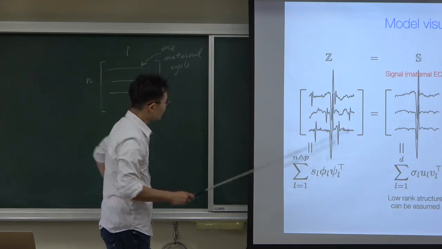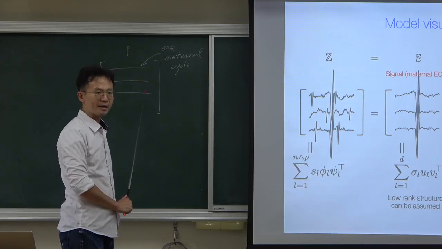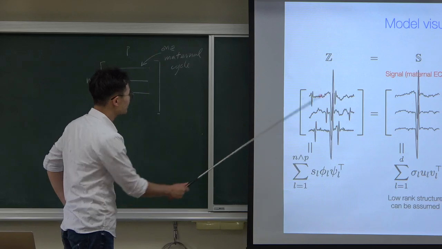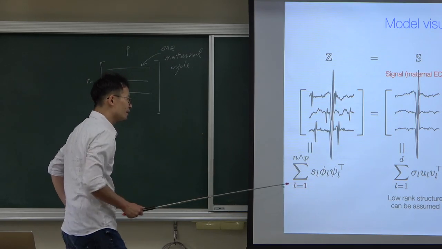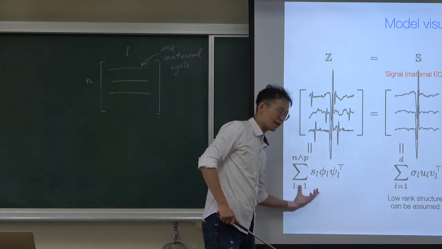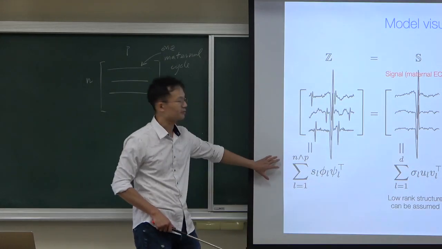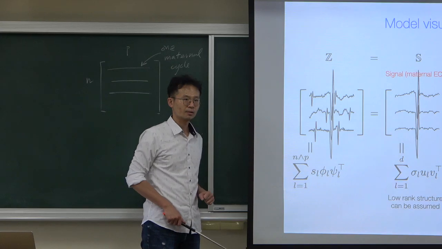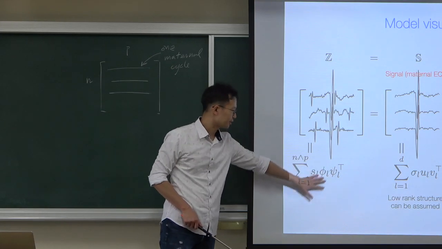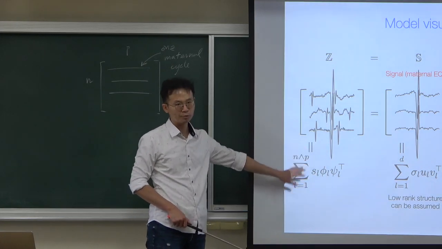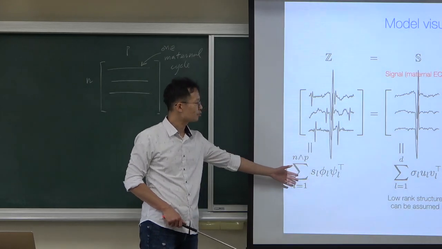Then what you can see is this N by P matrix itself can be written as a singular value decomposition, which is very simple. But what is it? What are we looking at right now? That will be the question we need to answer.